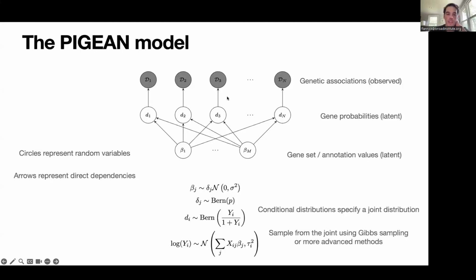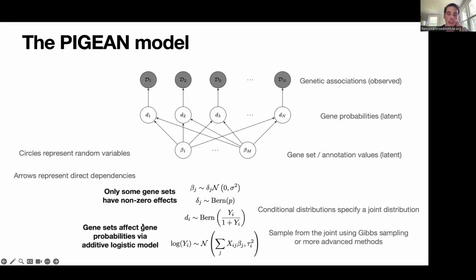We impose a distribution where most of the gene sets don't affect the probability at all, but some do. And for the data that we observe for the gene, that's where our HuGE model comes in. This distribution is specified implicitly by the HuGE scores that we have.